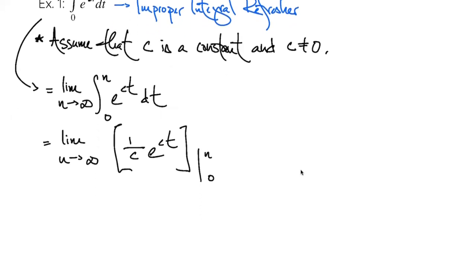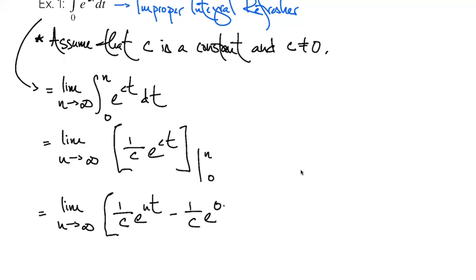Again, let's keep that limit in the front. We haven't used it yet. And now we're going to plug in our bounds and see what we get. So we should get 1 over c e to the nt minus 1 over c e to the 0 times t. And we've seen this very frequently. We know that e to the 0 is just going to give us 1.